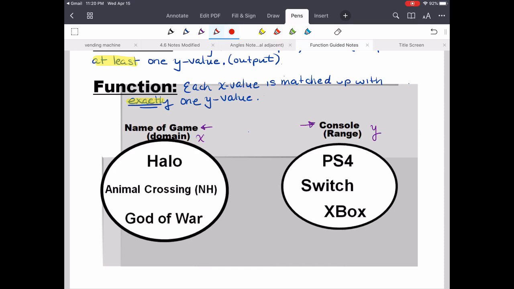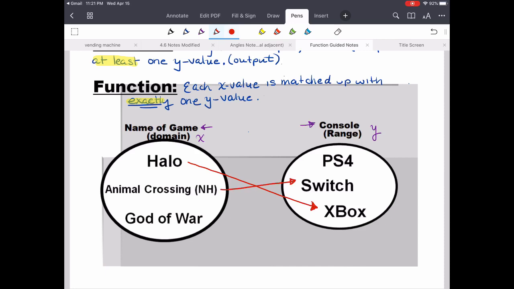So for instance, Halo is only a product of Xbox. It'd be great if it was on PS4, because I loved playing Halo when I had an Xbox system back in the day. But nope, it's only on Xbox, that's it. Animal Crossing, which is, I think, all the rage right now. My kids want a Switch just so they can play Animal Crossing, which is just for the Switch.